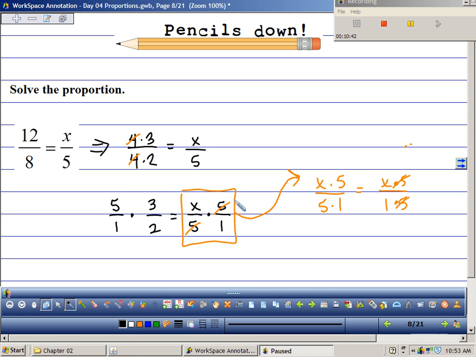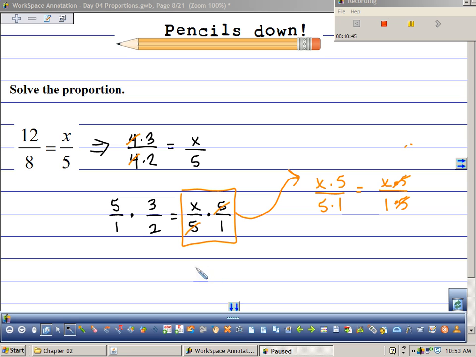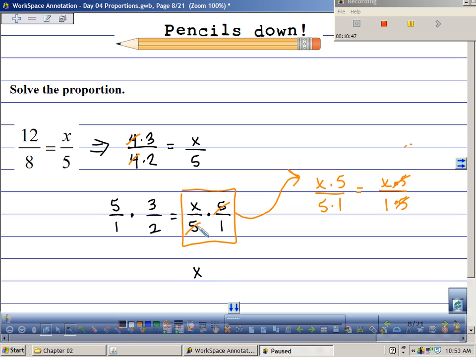So these cancel, and I'm left with x. X is the only thing over here now, right? X divided by 1, which is just x. And on this side, I'm just going to multiply straight across because there's nothing to cancel here either. So I get 15 divided by 2. What is 15 divided by 2? Number sense. What's 14 divided by 2? 7 plus another half? 7.5?